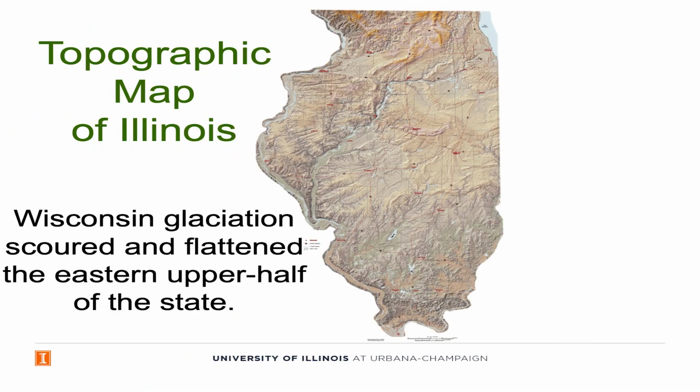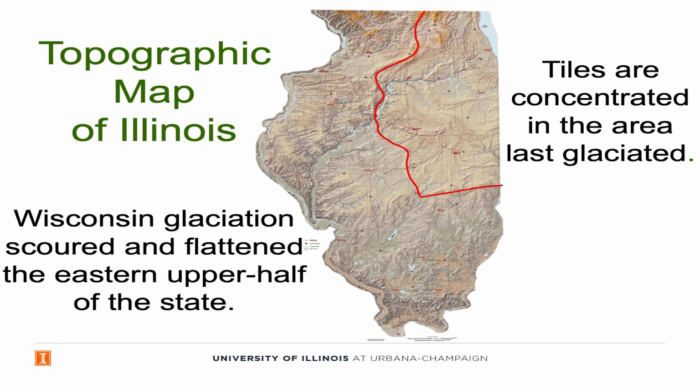So I'm going to start with a look at the topography of Illinois. And the last glaciation, the Wisconsin glaciation, scoured and flattened the northern eastern half of our state. And this is the extent of that glaciation. And that's where most of our tile drainage is concentrated.